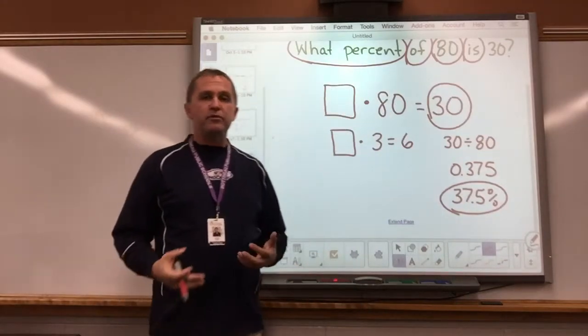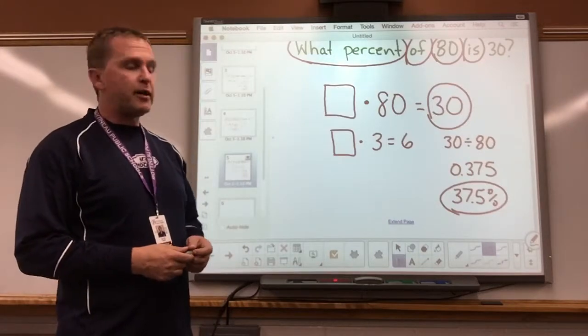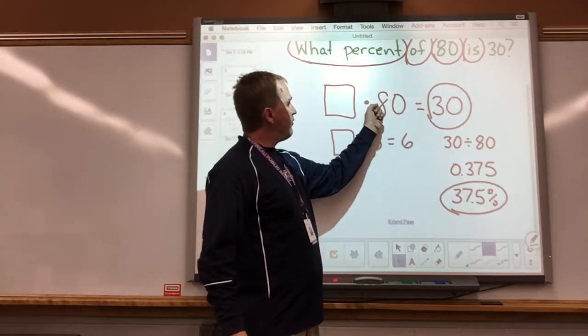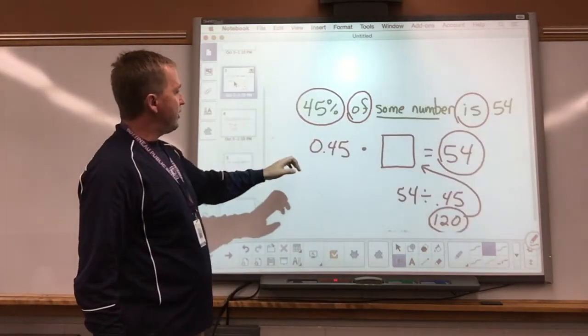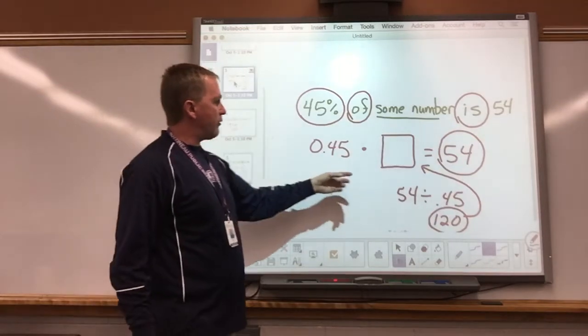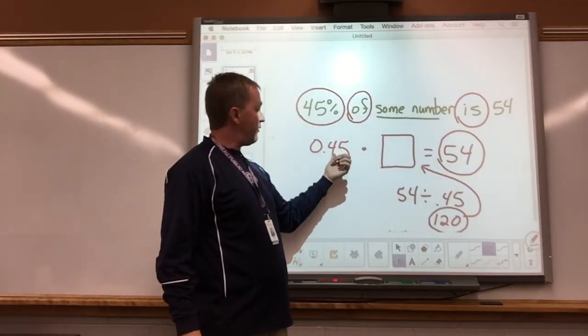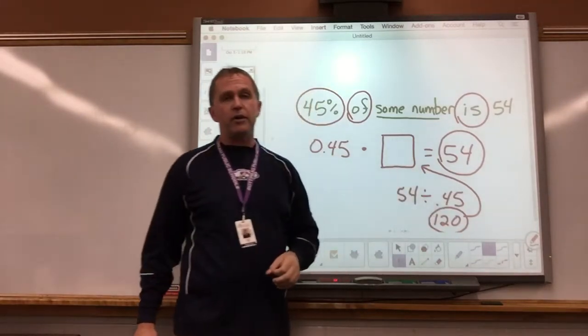So if you look at the problems that we did in these last couple of examples, it's really about opposite operations. In this case, we ended up taking 30 divided by 80 to figure out our unknown number. In the problem up here, we ended up taking 54 divided by 0.45 to come up with our unknown number.